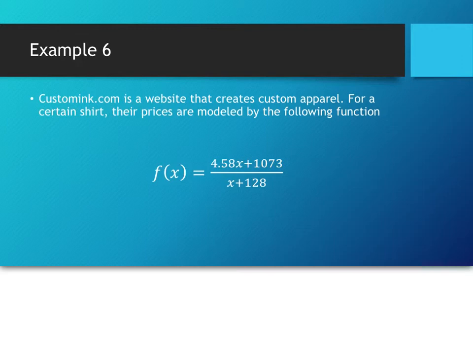I'm saying that X here is the number of shirts, and the output of the function is the price per shirt. Okay? So X is the number of shirts, and the output there is the price per shirt.